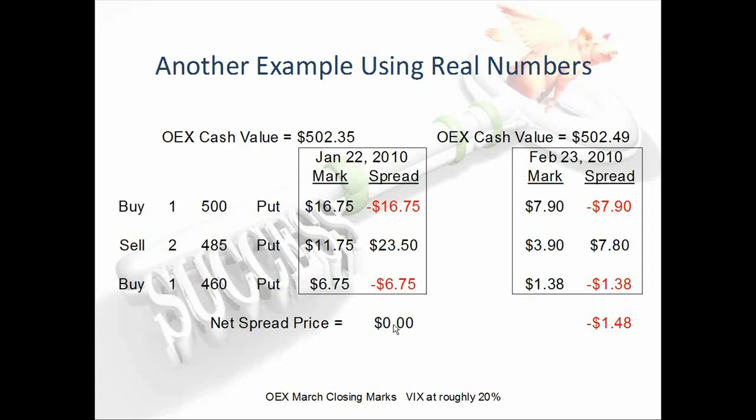We usually put them on for 0. That's the purpose of the broken wing butterfly. Remember, as I stated at the beginning, the downside to butterflies, the reason why some people don't like them is they pay this big debit for them. It's relatively small compared to the reward they have, but it's still a big debit if it expires worthless.